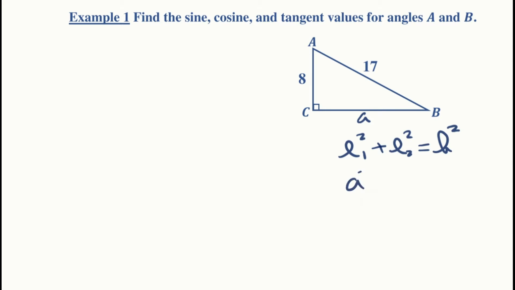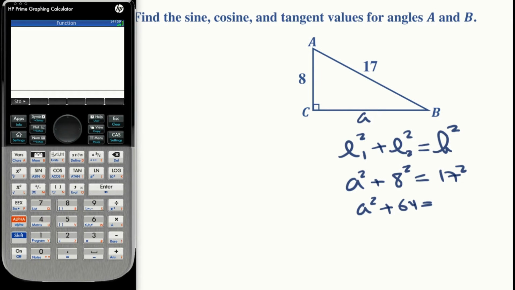So a squared plus 8 squared equals 17 squared. This is just leg 1 squared plus leg 2 squared equals hypotenuse squared. Legs are, of course, the two sides that form the right angle. So we get a squared plus 64 equals 17 squared, I believe is 289.